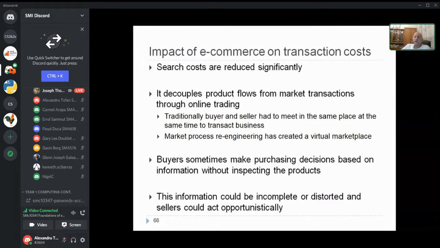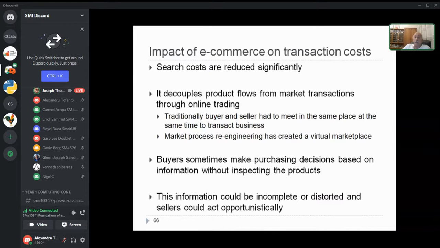Buyers sometimes make purchasing decisions based on information without inspecting the products. If we have enough information, with this reduced information asymmetry and with much more information available via e-commerce over the internet, we don't really need to inspect products, especially if we are buying from a supplier that we've had previous communication with, previous relationships with, and we can trust that supplier.